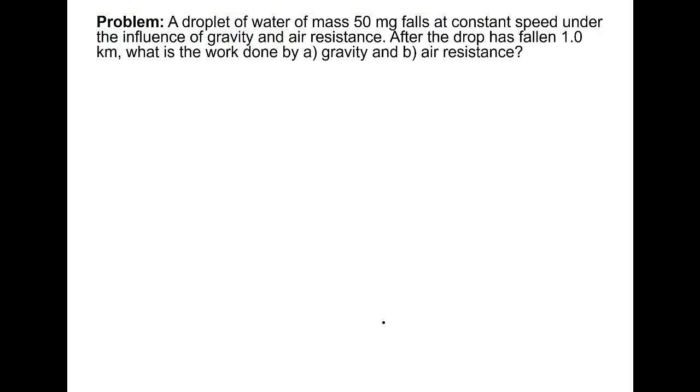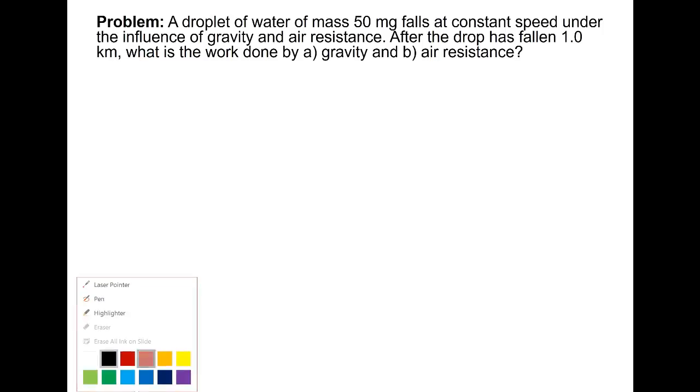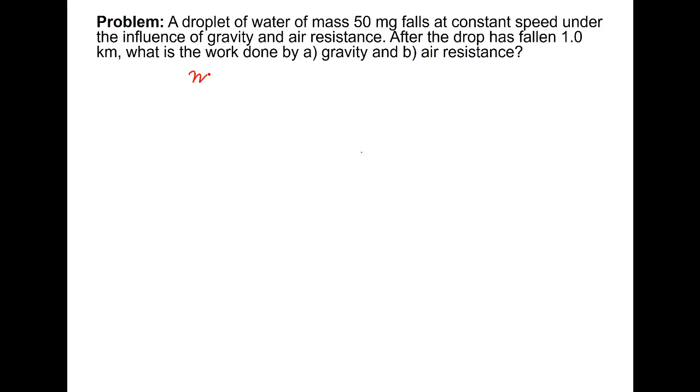As an example, let's say we have a droplet of water that's mass 50 milligrams. Milli is 10 to the minus third, and grams is 10 to the minus third kilograms. So we really have 50 times 10 to the minus 6 kilograms.